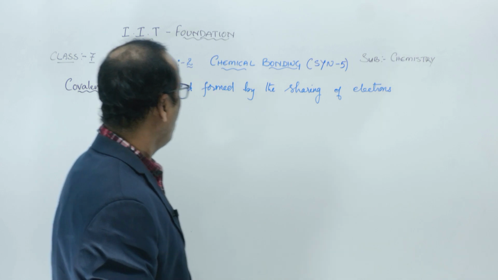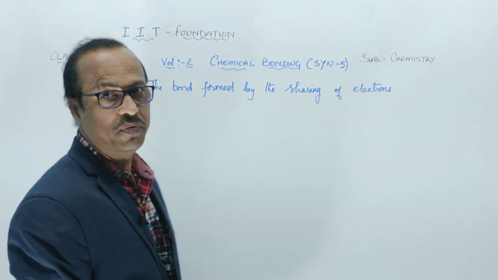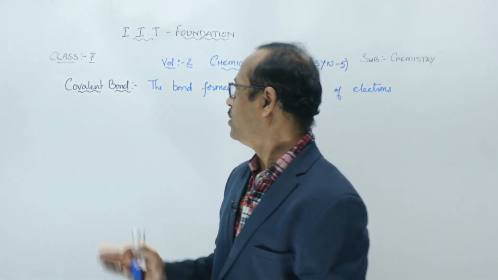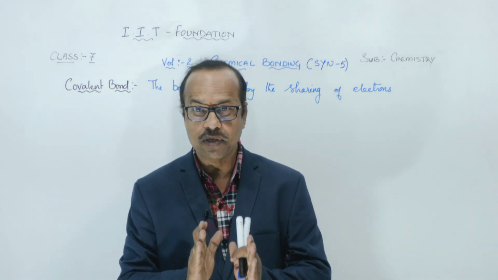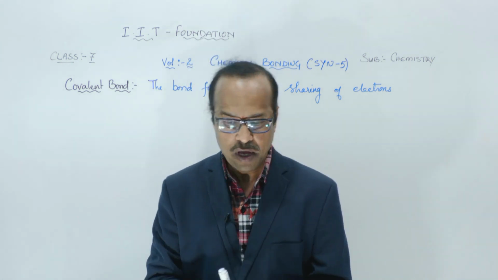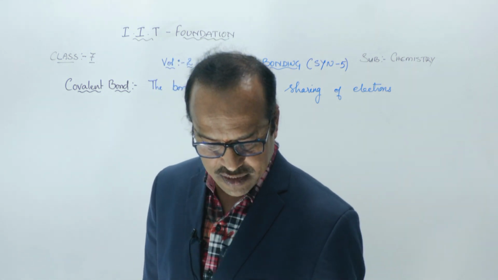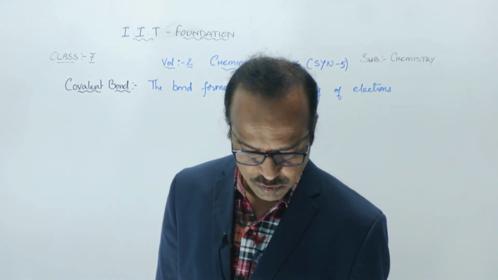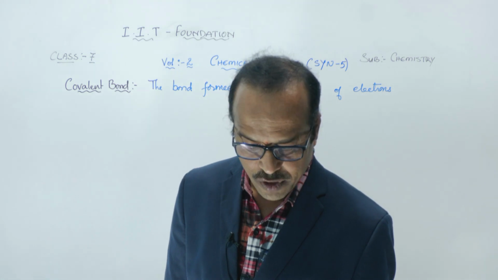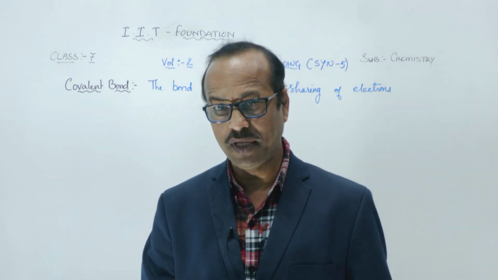I will explain how they share with examples. So, the covalent bond is the bond formed by the sharing of electrons. Before going into the details, first we discuss the types of covalent bonds, then I'll give the examples.